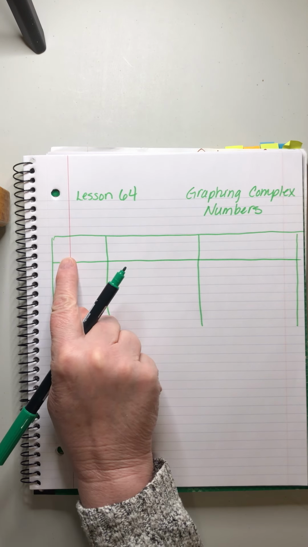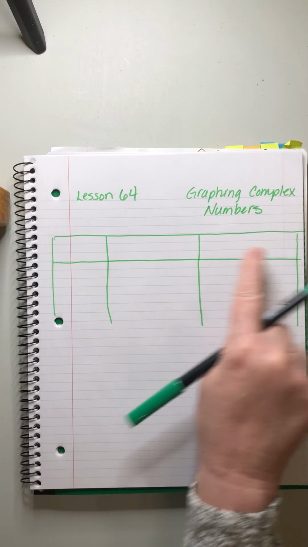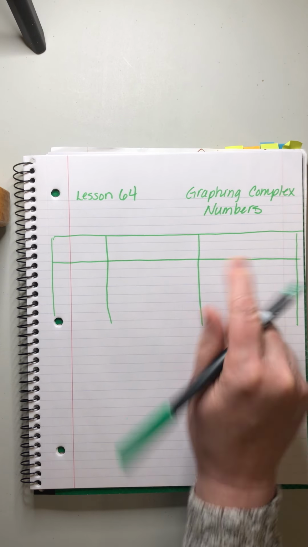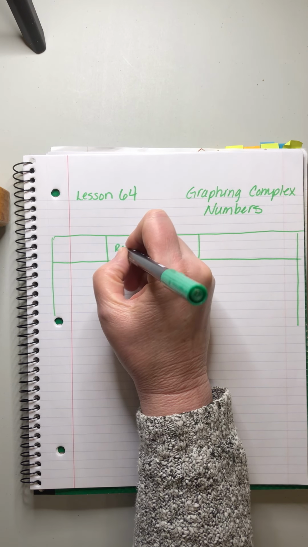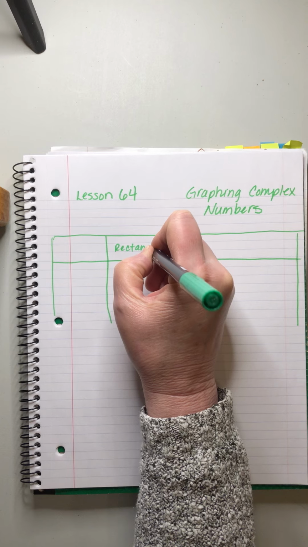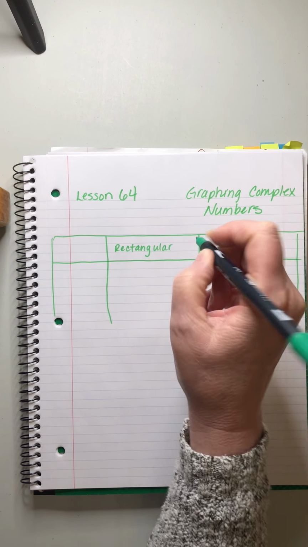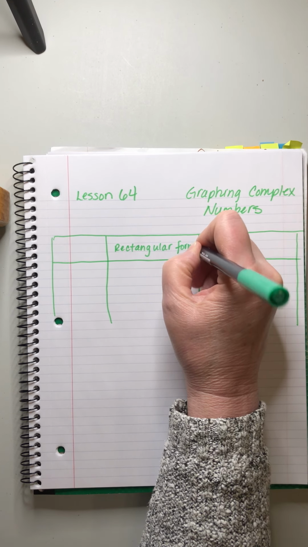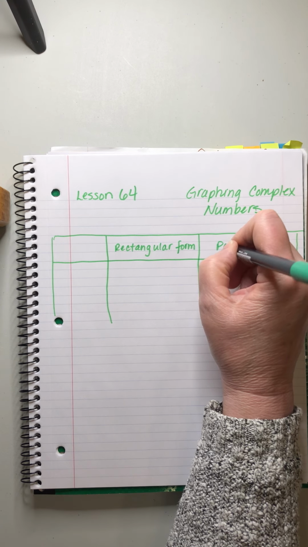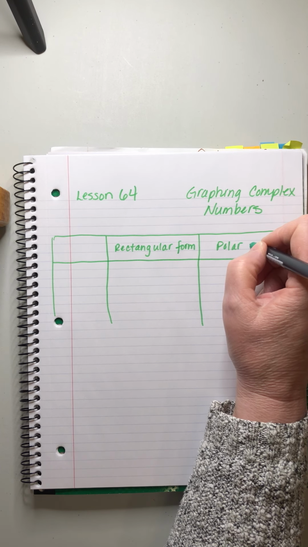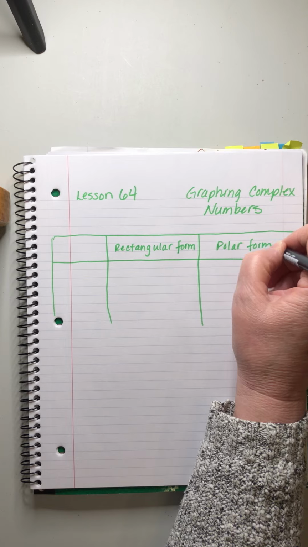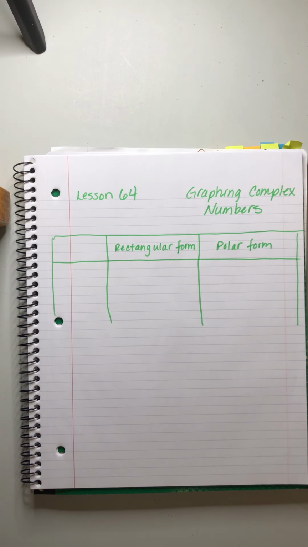Okay, so this column is a little narrower. These two are meant to be about the same size. We have been talking about rectangular and polar forms of numbers.